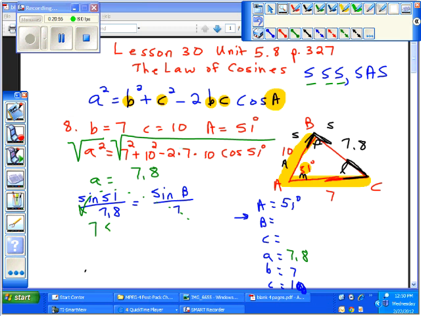To solve, we cross multiply. We get 7 sine 51 is equal to 7.8 sine angle B. I want the junk off of sine B. I'm going to undo the multiplication by division first, so I'm going to divide by 7.8.